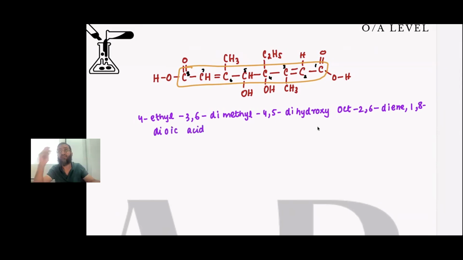Is this clear? Yes. Then it would be 2,6-diene 4,5-diol.